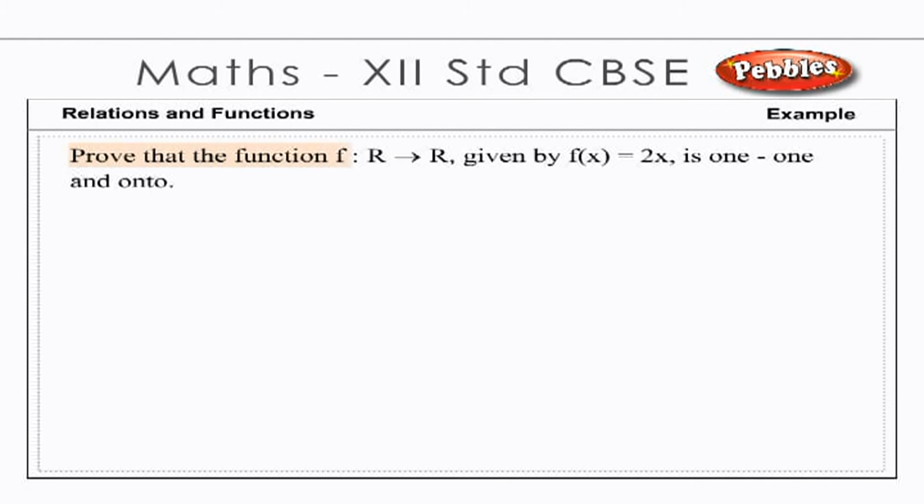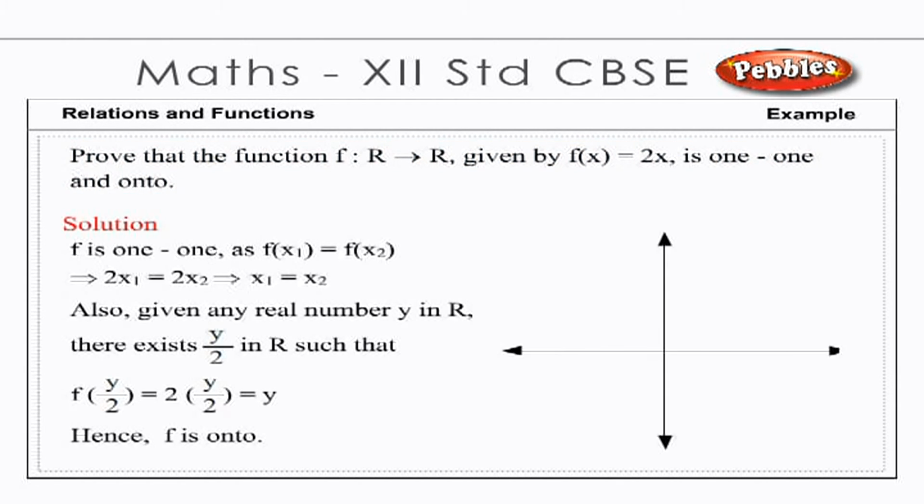Prove that the function f: R → R given by f(x) = 2x is 1 to 1 and onto. Solution. f is 1 to 1 as f(x1) = f(x2), which implies 2x1 = 2x2, which implies x1 = x2.